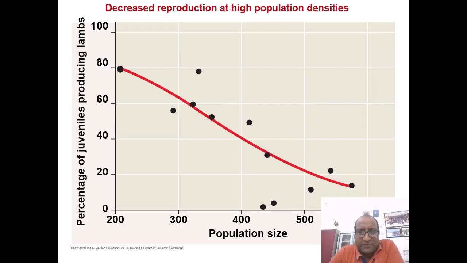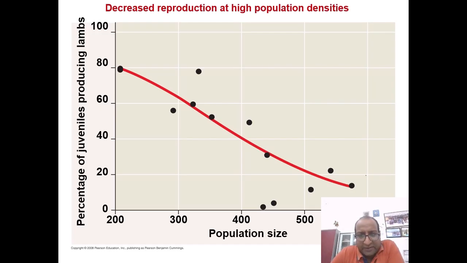When there are many individuals, the number of young ones is very little, only 20% are young. As the population grows to three times, the birth rate falls.